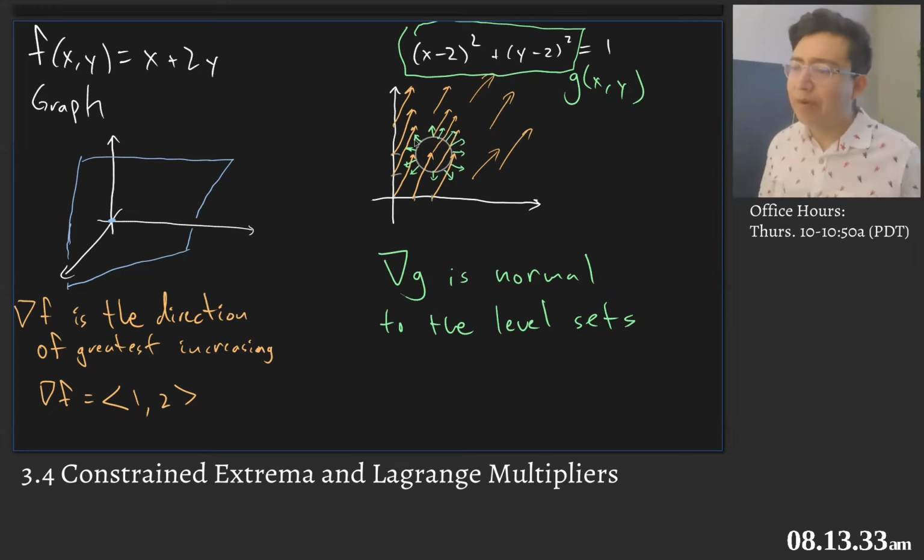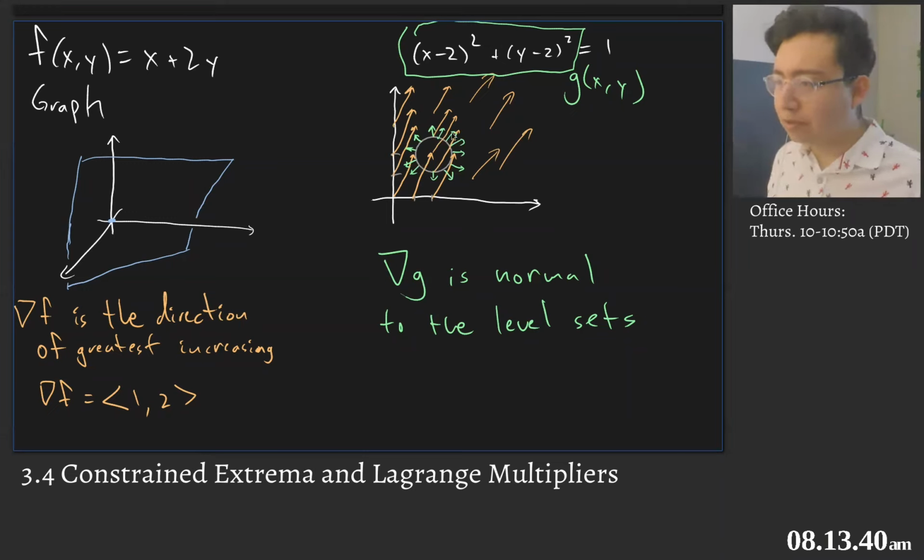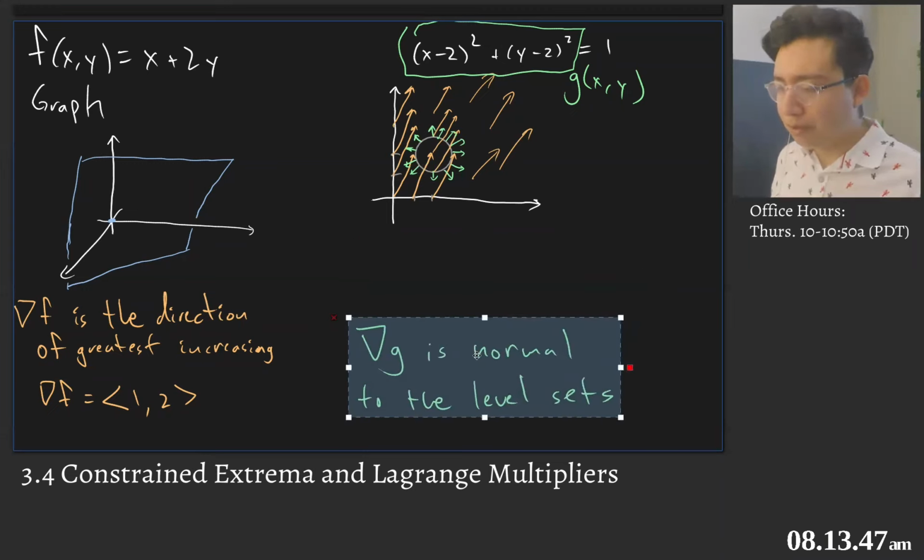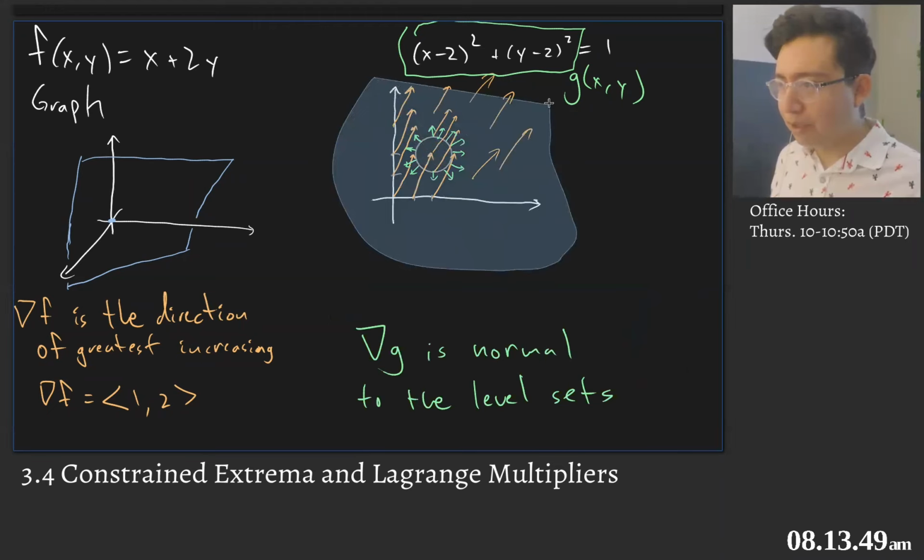Okay. And remember, we're trying to find the point where this blue graph is biggest along this circle, right? So I'm going to zoom in on this graph a little bit because I think that's going to be helpful.